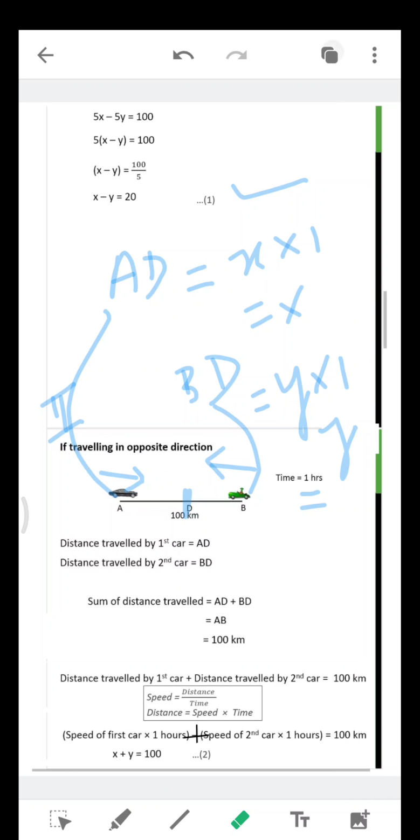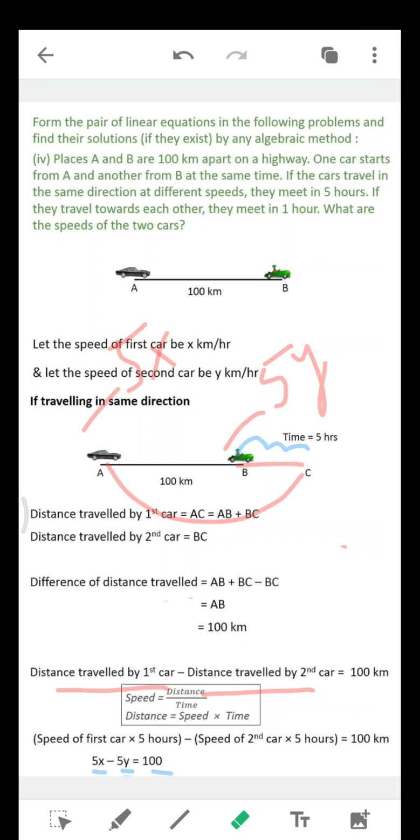In the first case, there we subtract. This is the most important point here. Here we do AC minus BC, the distance traveled by the first car, AC, minus BC is 100.